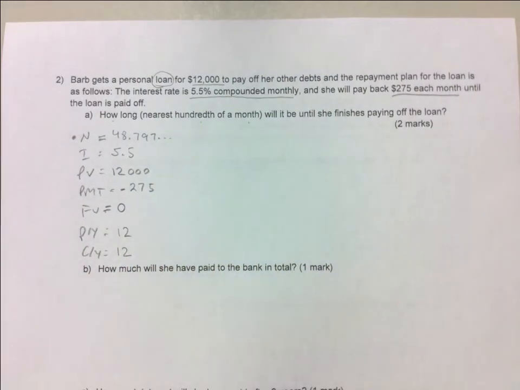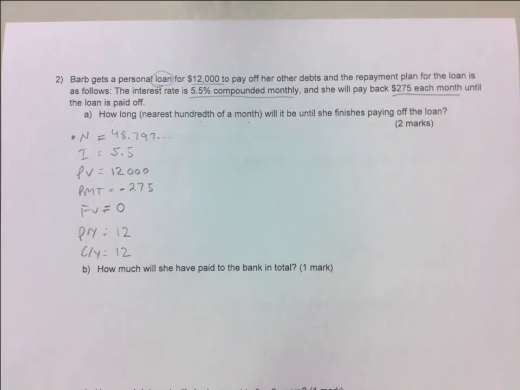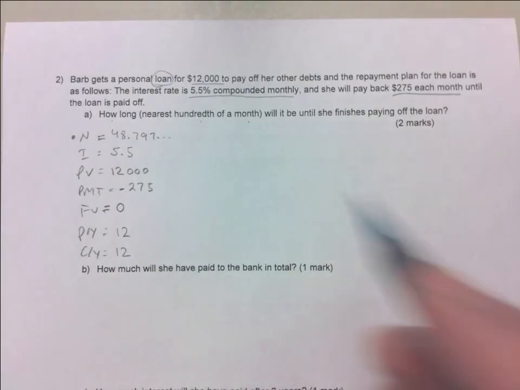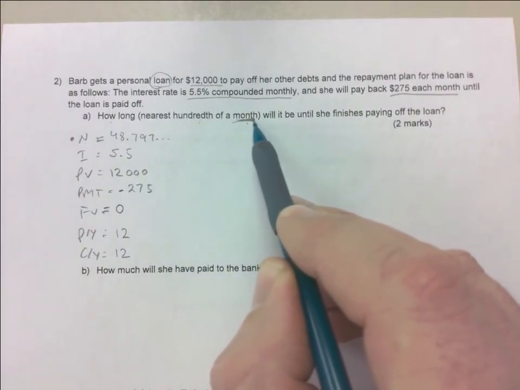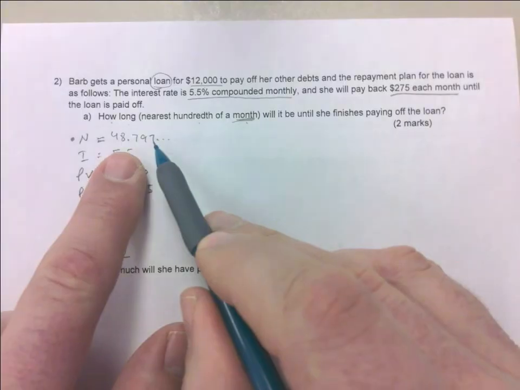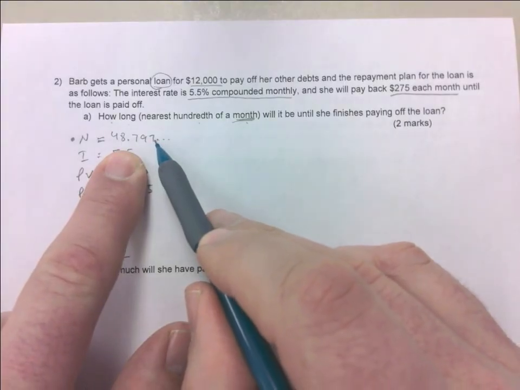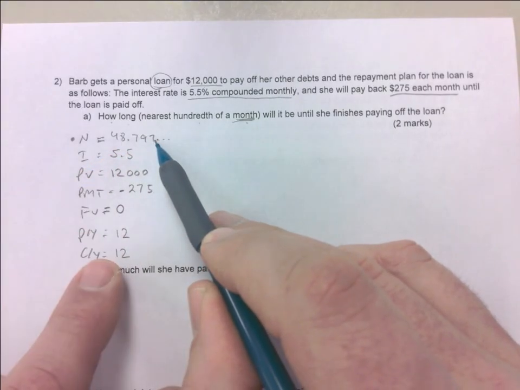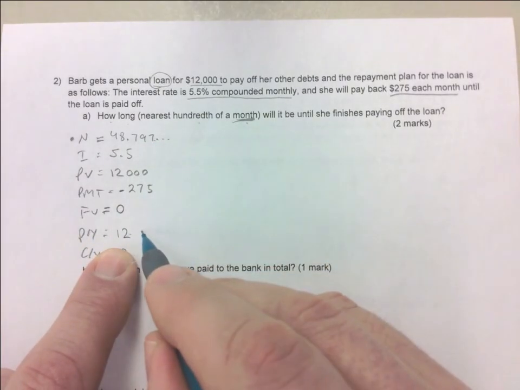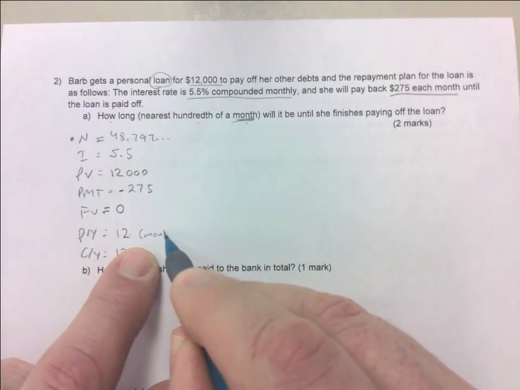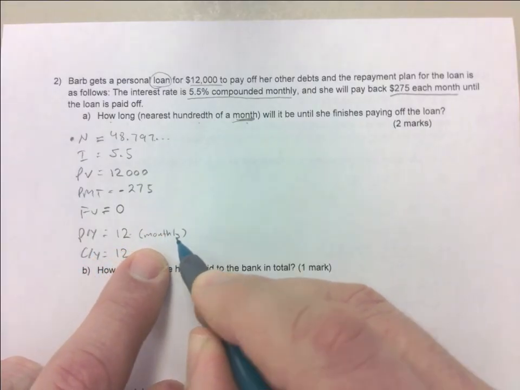Now, what does it ask me to state time in? Not in years, but it says in months, right? Is this already in months? Yes, because PY, look at PY, if this is 12, it's telling you that it's monthly.